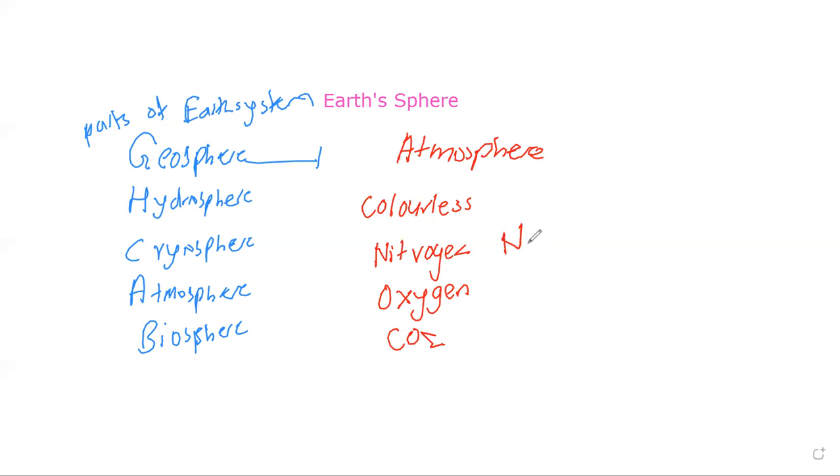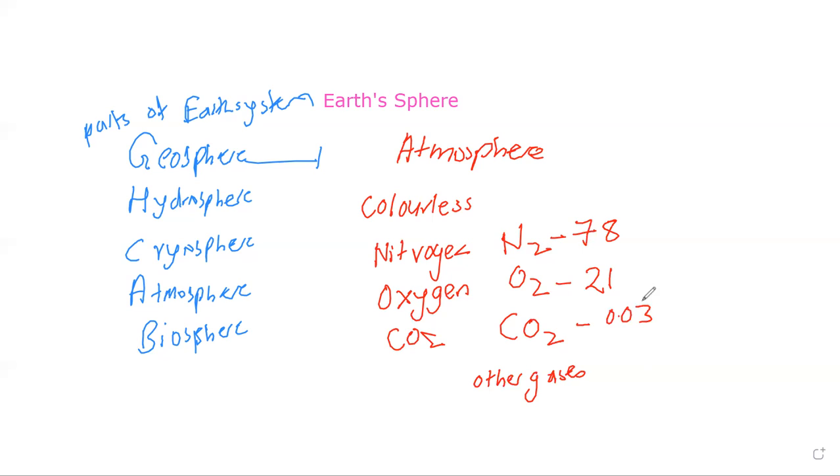In simple terms, I can write N2, O2, CO2, and other gases. Last term, I told you nitrogen is 78%, oxygen is 21%, and carbon dioxide is like 0.03, and the rest all make 1%. Many more gases are there, like water vapor.